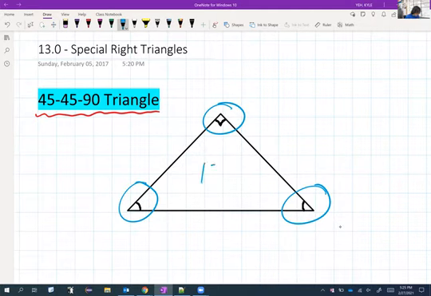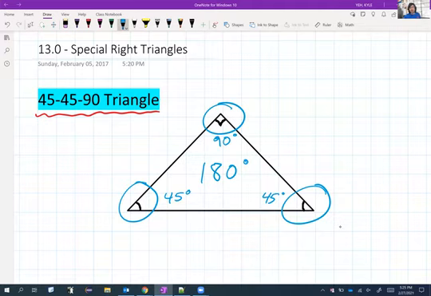Well, we know that a triangle has 180 degrees if you add up all of its interior angles. So if we know this is 90, and we know that these two bottom angles are the same, they have to be 45 degrees in order to add up to 180 degrees total.